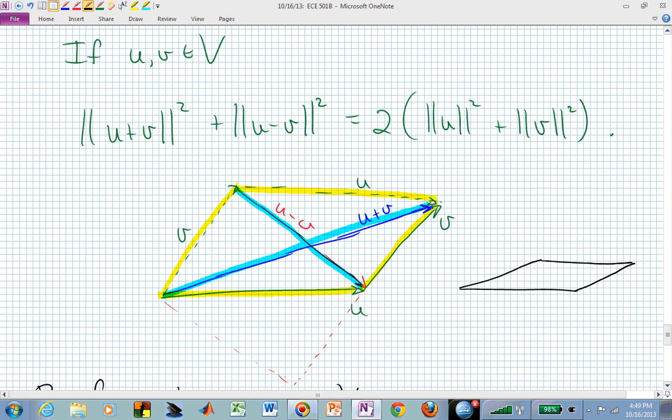Other questions on this? Yes. So the question was, are the inner products the same as the dot product? They are if we're dealing with real inner product spaces.